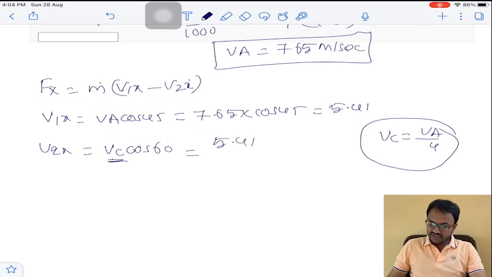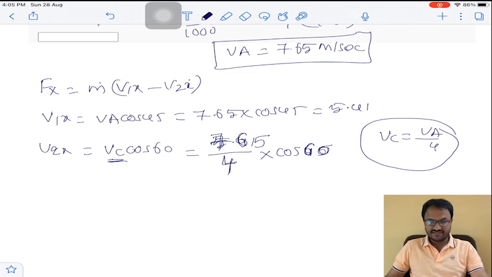So 7.65 divided by 4 into cos 45. It is not 45, it is making an angle of 60 degrees. So 7.65 divided by 4 into cos 60. You will get 0.956.